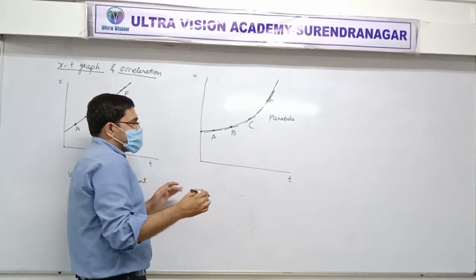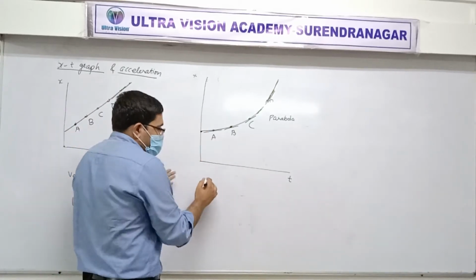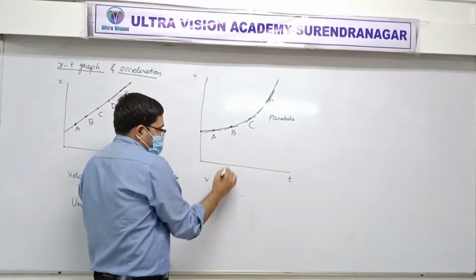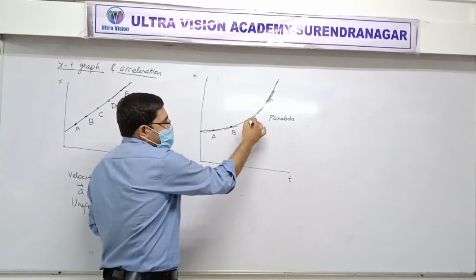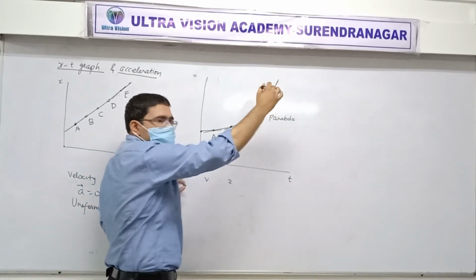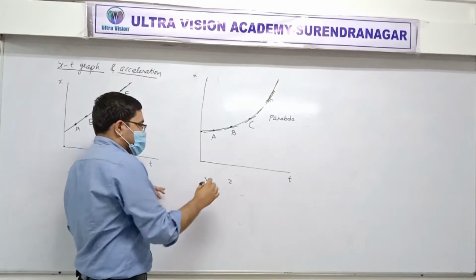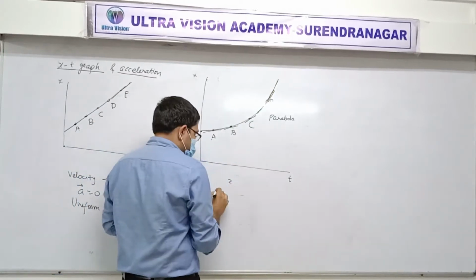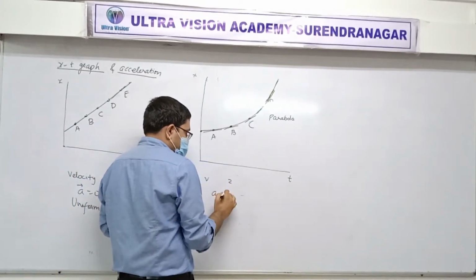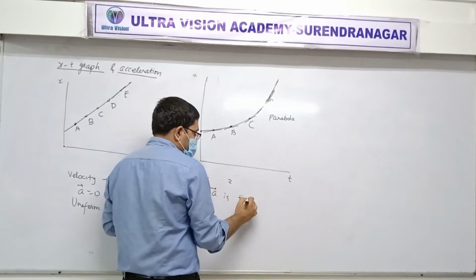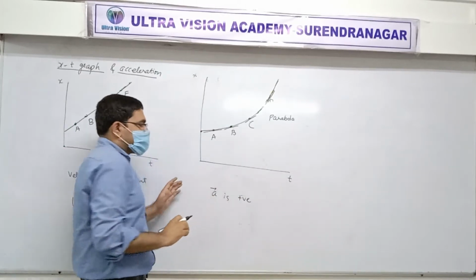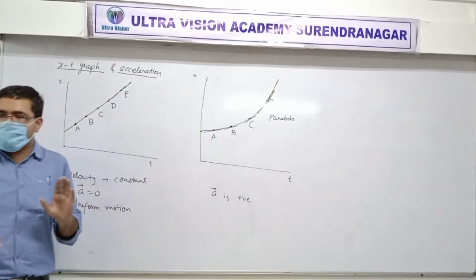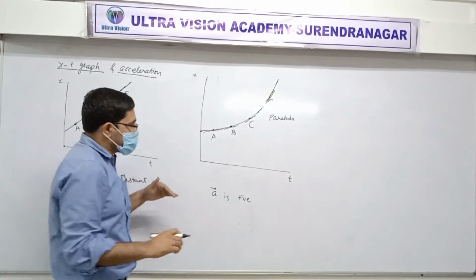So what that means is velocity is increasing. Suppose velocity was earlier, let's say over here it was 2. Then it might become 3, 4, 5 and so on. So velocity is increasing. That is the case where acceleration is positive. Why? How do I know it is positive?